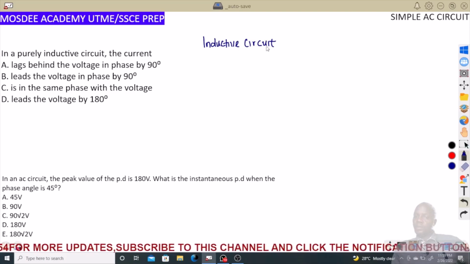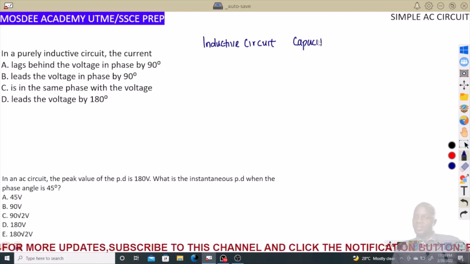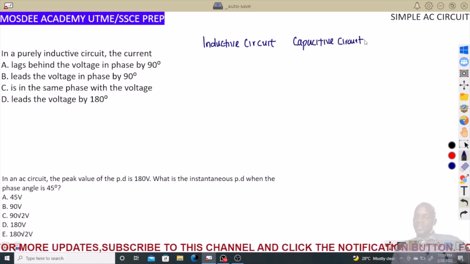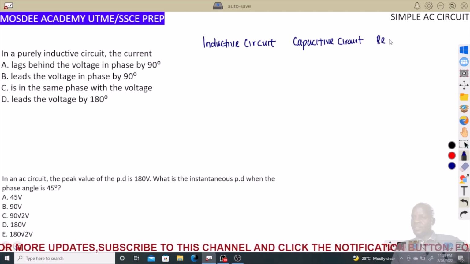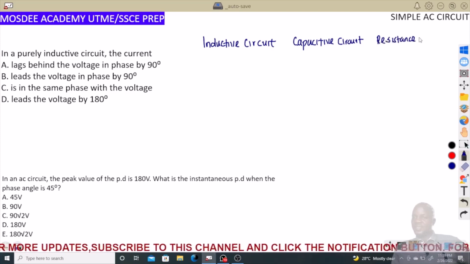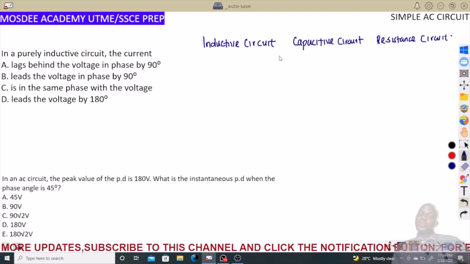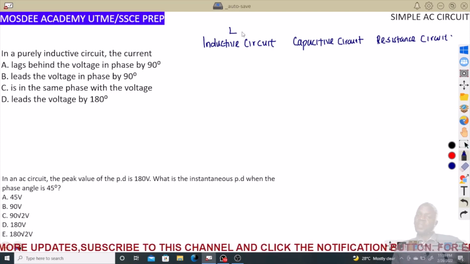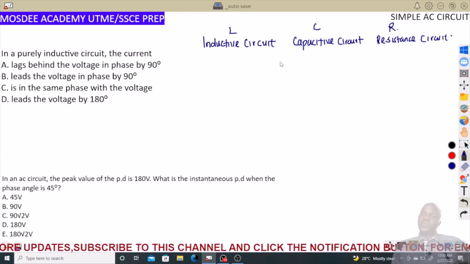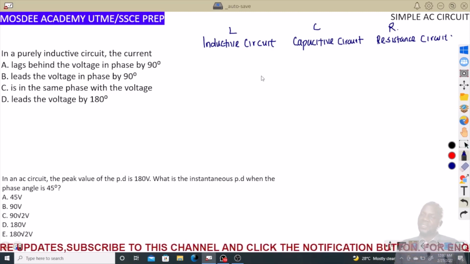We have a capacitive circuit, and we have a resistance circuit. The basic thing you just need to know is that most of the time the inductive circuit is written as L, the capacitive as C, and the resistance as R. Majorly, you are used to R, L, C, or any way you write it.